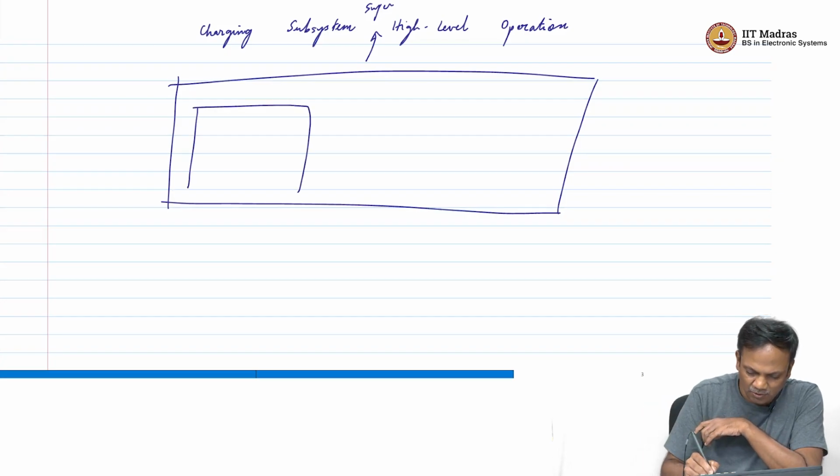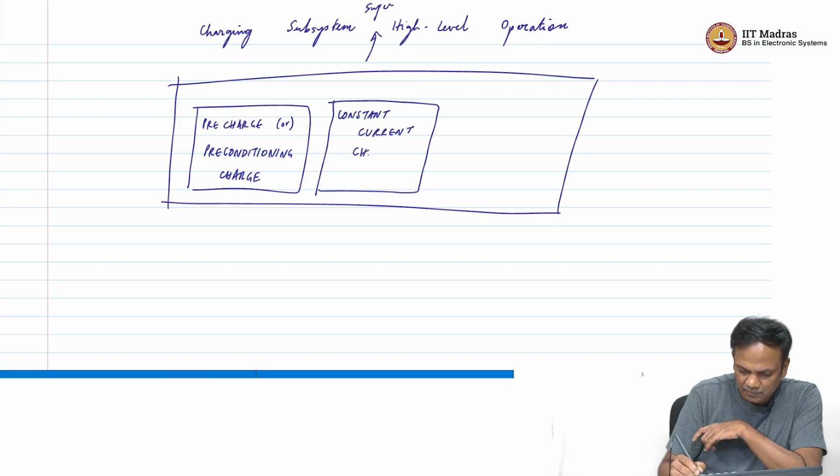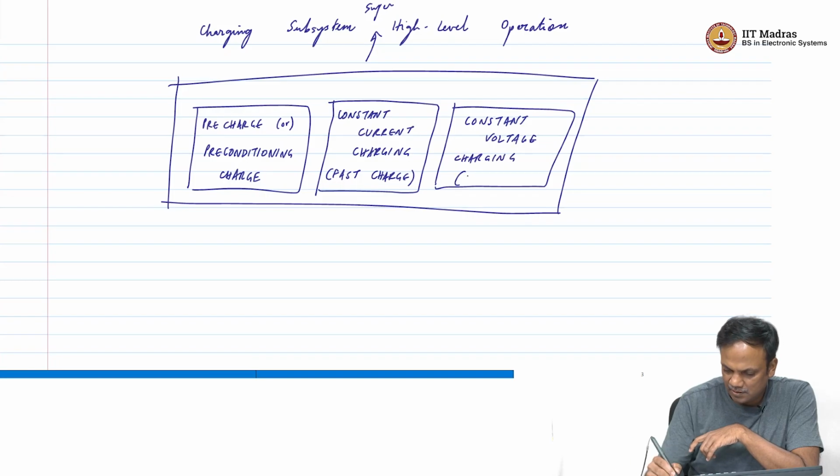It has what is called a pre-charge or preconditioning charge, then it has constant current charging, what is also called fast charge, and then there is constant voltage charging, there is no other name for it.